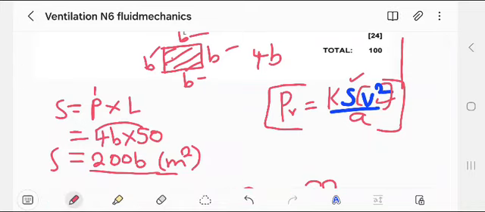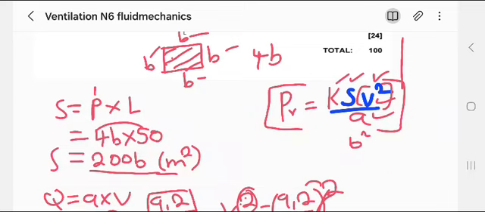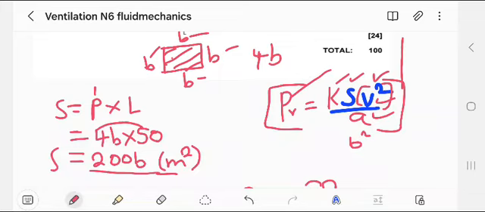Yes, we have this area, obviously. The area is b squared. K we are given, and we are also given the pressure.